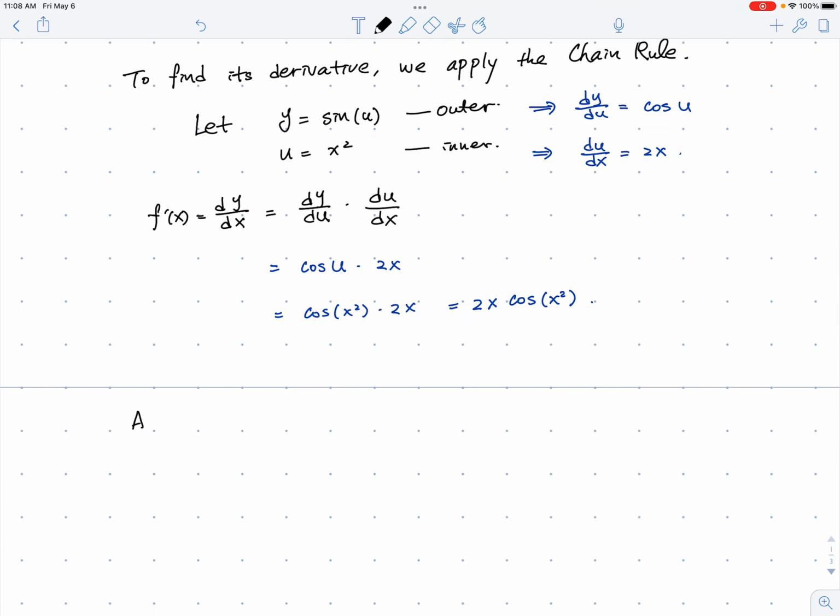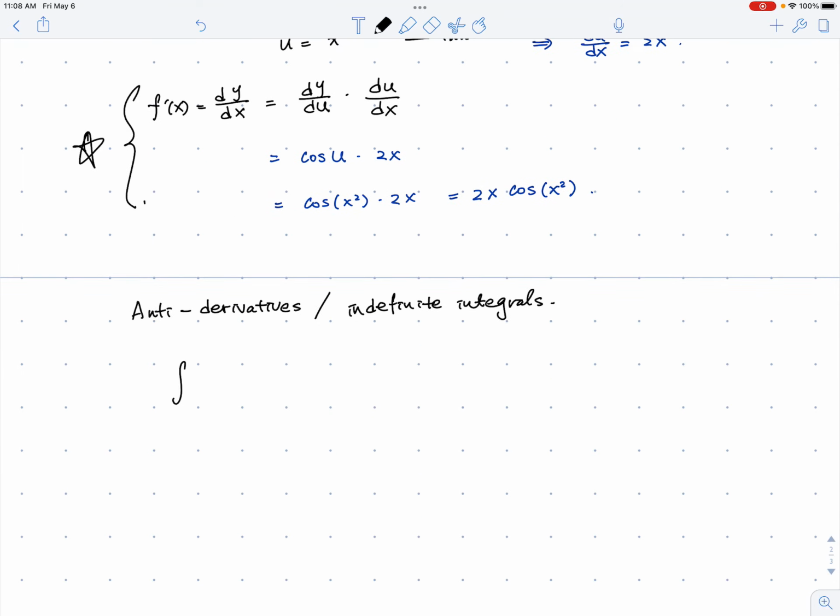Now if we talk about antiderivatives, or indefinite integrals, from this example we can tell that the function sine of x squared has a derivative equal to 2x cosine x squared, plus any constant c.